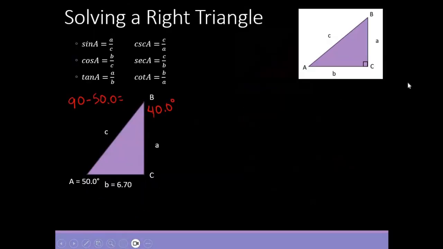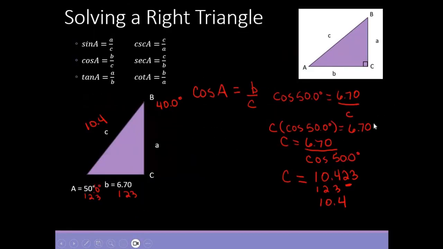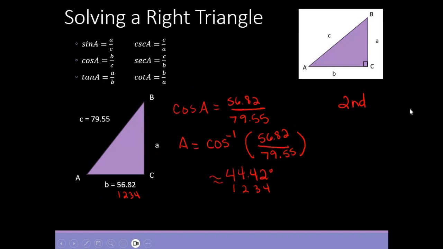So let's go back here and find sine of B. Sine of B is going to be 56 over the hypotenuse. So that is going to mean that B equals inverse sine of that.